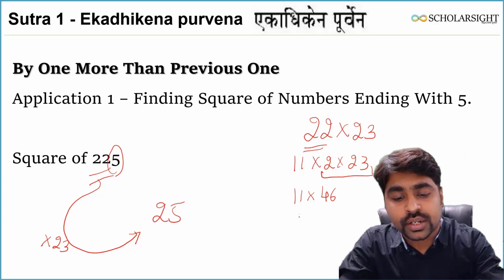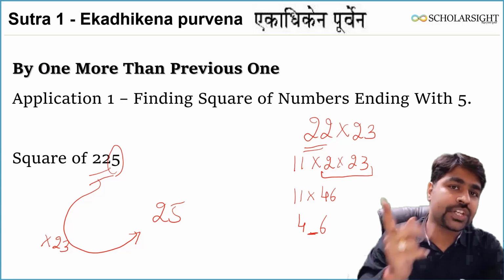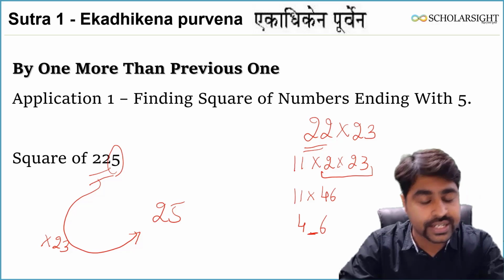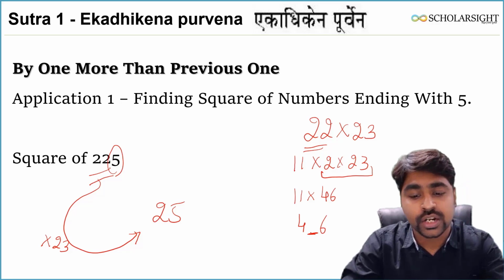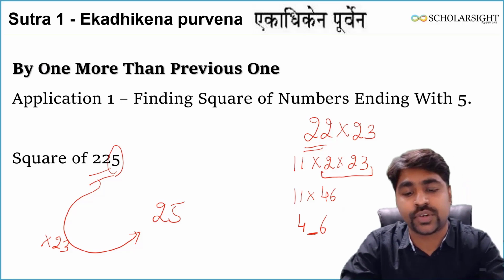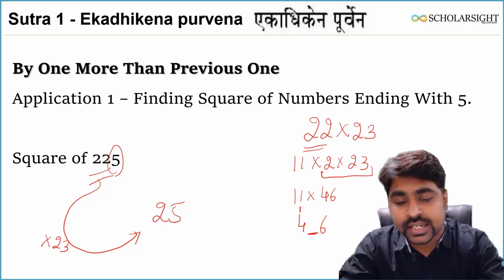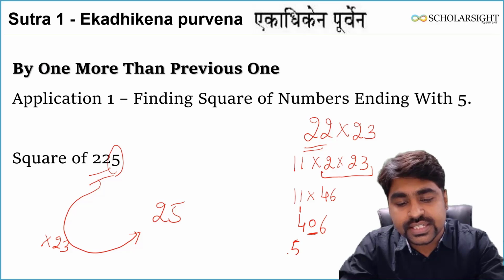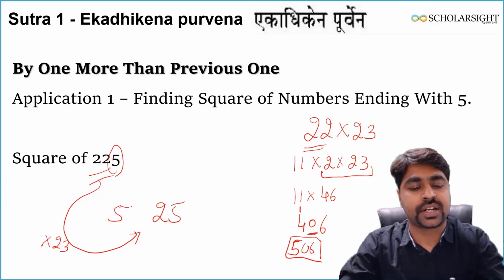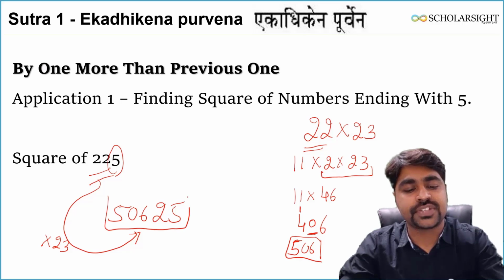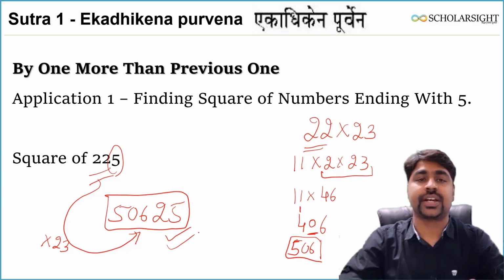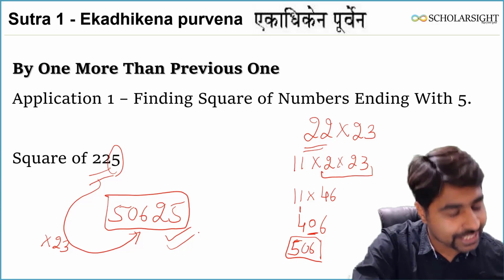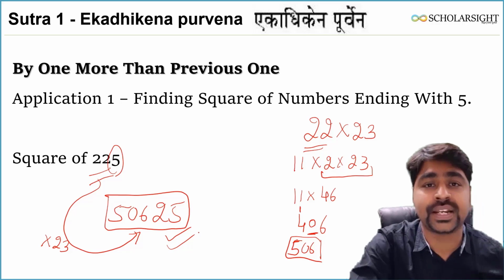Now write a 4, write a 6, and in the middle write the summation of 4 and 6, which is 10. How you have to write it? Not 4106. You have to write 1 in the carry, 0 here. So it would be 506. Right? So the answer to this particular question would be 50625. I hope it is very clear in your mind properly.